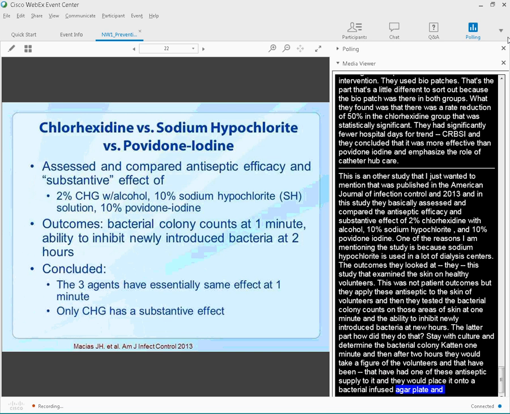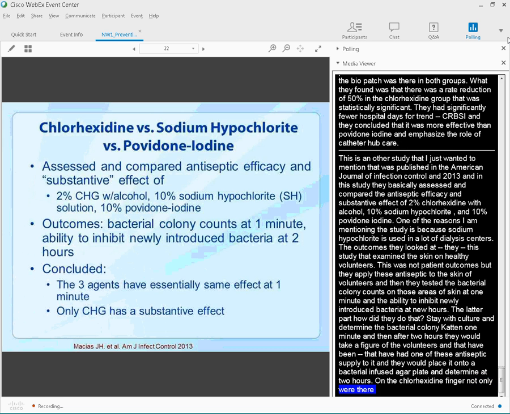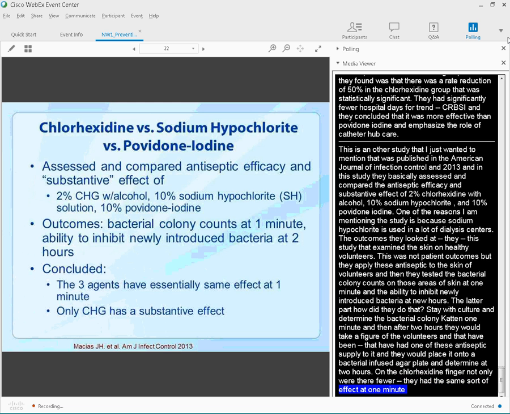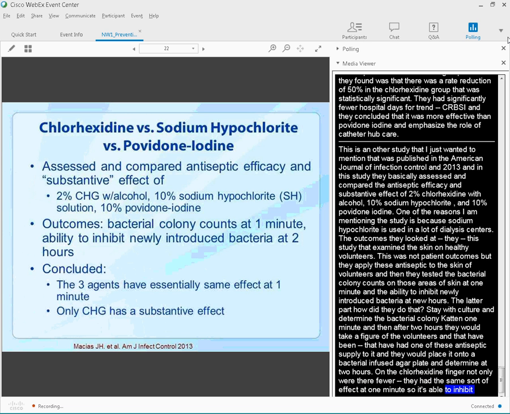So on the skin where chlorhexidine was applied, they had the same sort of effect at 1 minute, so it's able to inhibit bacteria at 1 minute, but also at 2 hours there was actually a zone of inhibition on the bacterial agar plate.